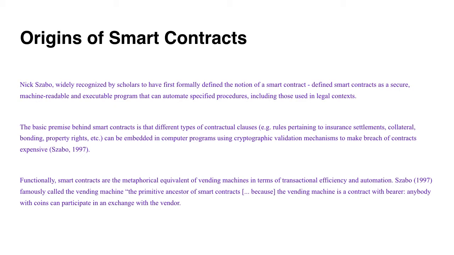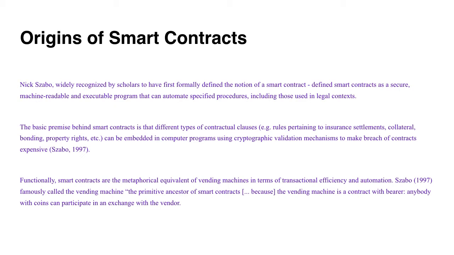You must have heard this example of a vending machine from the last class, if you remember that. That was a crude way of discussing it, but he specifically defined it very precisely. The basic premise behind smart contracts is that different types of contractual clauses, for example, rules pertaining to insurance settlements, collateral bonding, and property rights, can all be embedded in computer programs using cryptographic validation mechanisms to make breach of contracts very expensive.